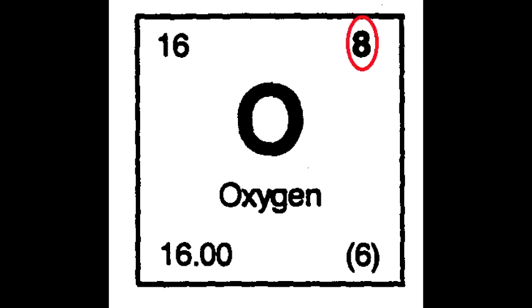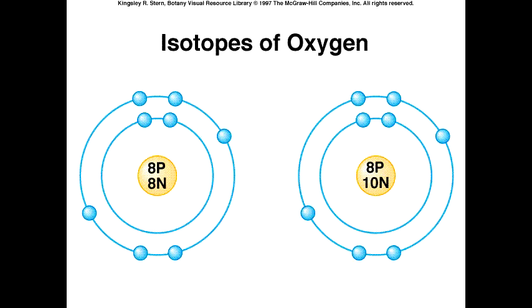Oxygen's atomic number is 8, meaning that each atom of oxygen has 8 protons and 8 neutrons, and consequently 8 electrons. Isotopes are atoms of the same element that differ in the number of neutrons they contain. For example, this isotope of oxygen has 2 more neutrons than it normally would.